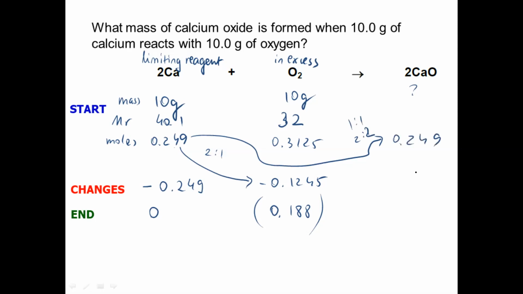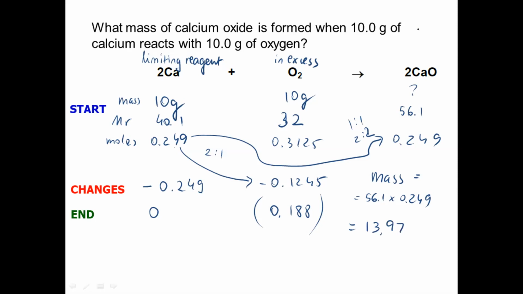And the calcium oxide has an Mr of 56.1. So mass equals 56.1 times 0.249, which equals 13.97.